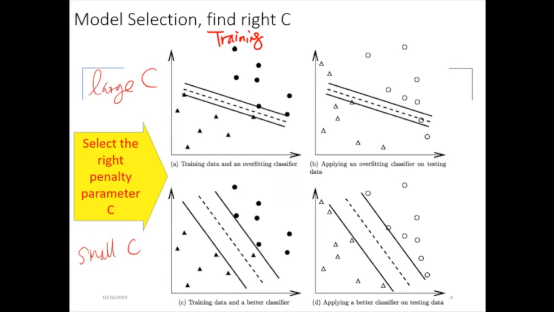For the future data, it's highly likely to make errors because of these three points. The only difference between the large C case and the small C case is actually only one point, which is whether to allow this point to be wrongly predicted or not.